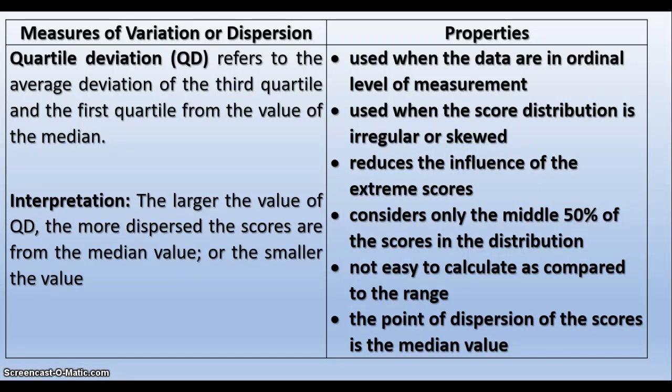Same with the interquartile range. Their only difference is that quartile deviation is divided by the total number of population. So what is the interpretation of quartile deviation? The larger the value of the QD, the more dispersed the scores are from the median value. And the smaller the value of the QD, the more clustered the scores are from the median value. Again, it was not written there.